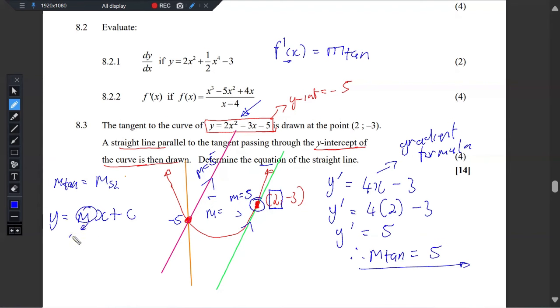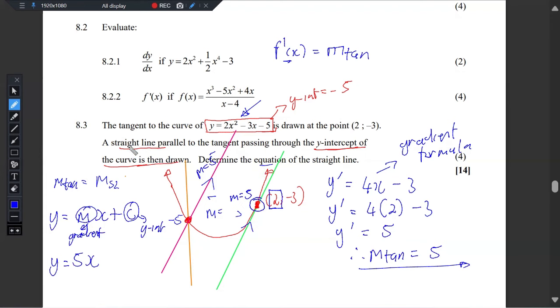Pardon me for that. So it's your gradient and the y-intercept. So you need these two. Now, the gradient, we have already got it from saying that these lines are parallel, so they have the same gradient. But then what is the y-intercept?